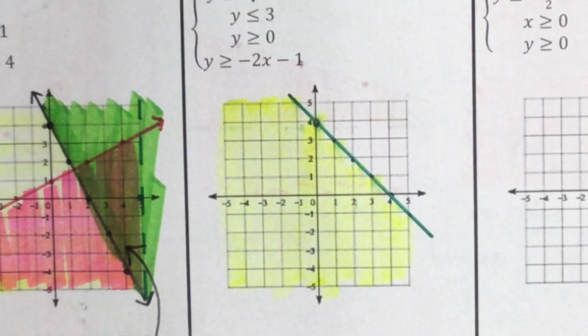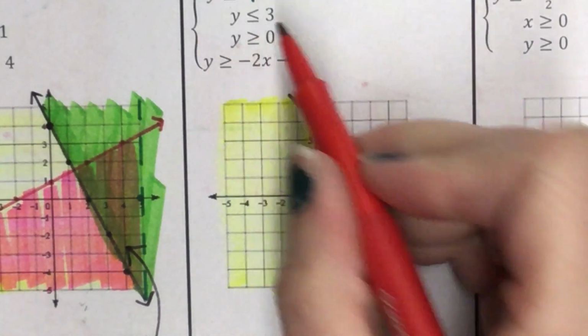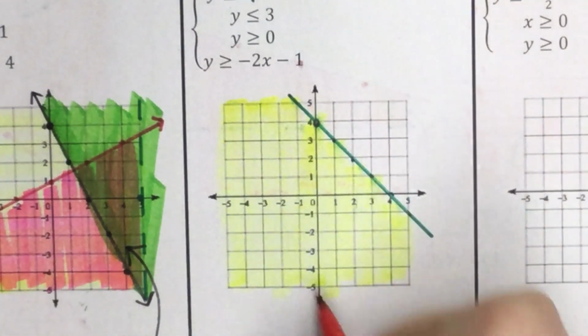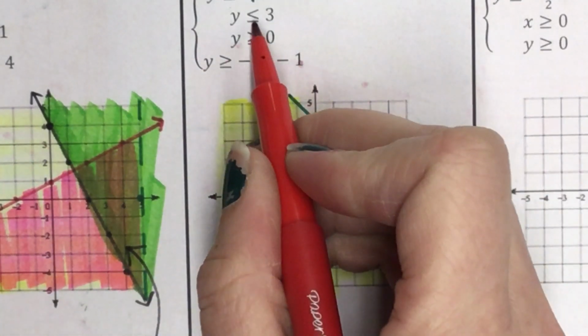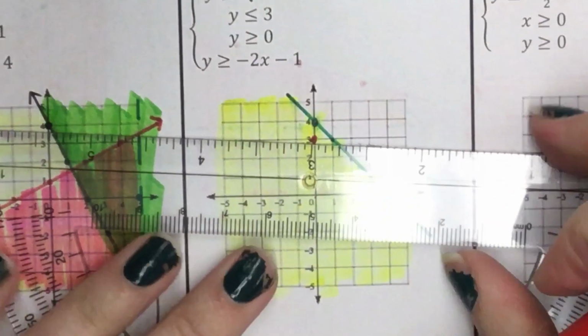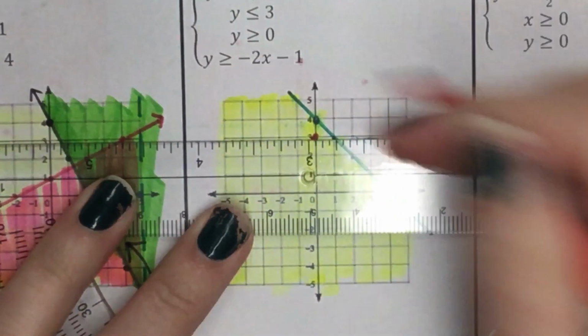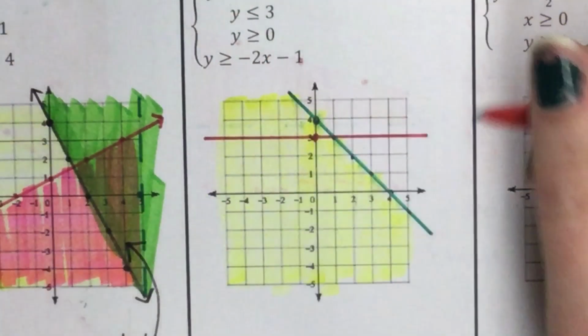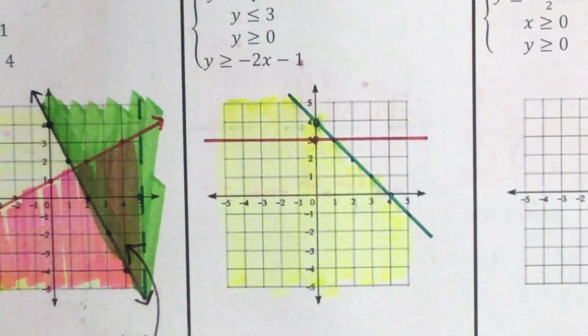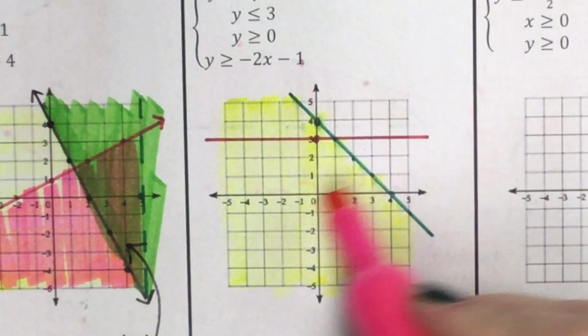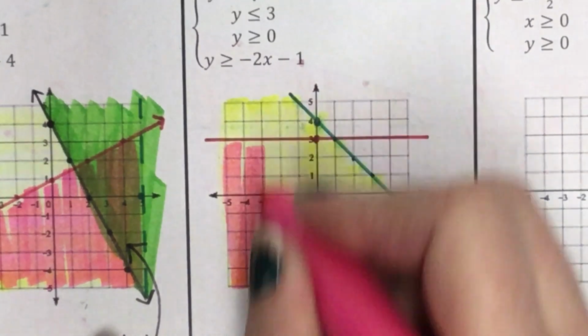Okay, y is less than or equal to 3. So find 3 on the y-axis, equal sign, so solid line. We're shading below that. It says less than or equal to. So we've got this white section and this yellow section.